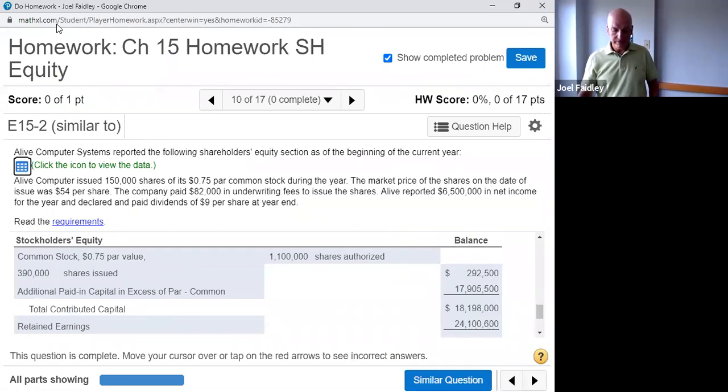Shares authorized, shares issued, but they left off outstanding. There should be a notation here, shares outstanding. Well, that answer is 366,600 outstanding. Additional paid in capital, 17,905,500.